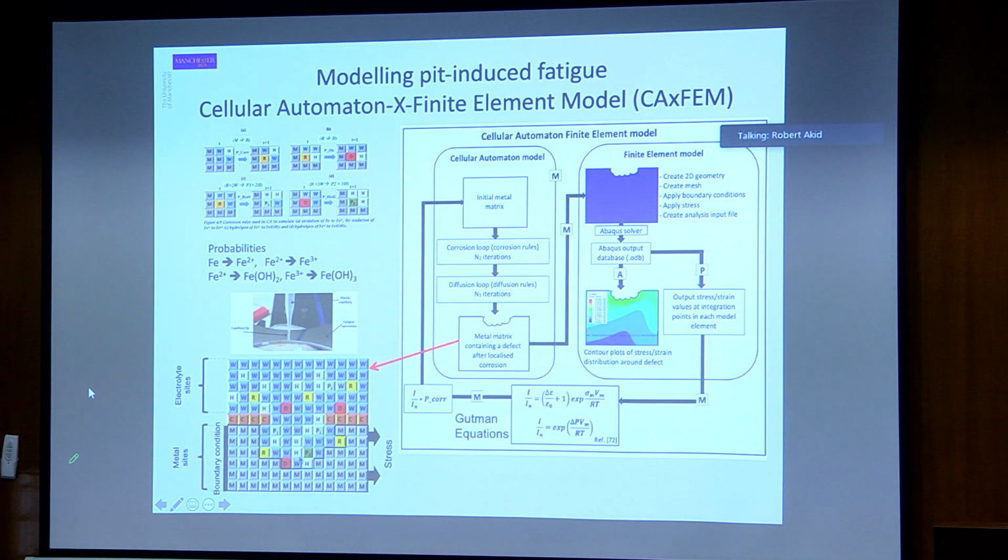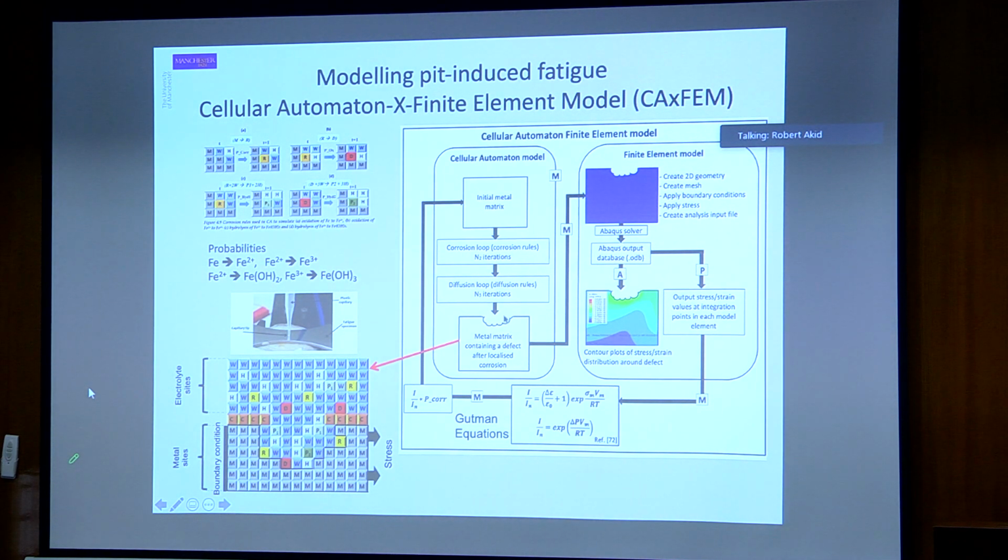But where the electrolyte is, which is represented by water and different corrosion species, we have a pit generated. So we use this cellular structure as our starting point. We introduce corrosion rules and diffusion rules, and we generate damage in the surface.